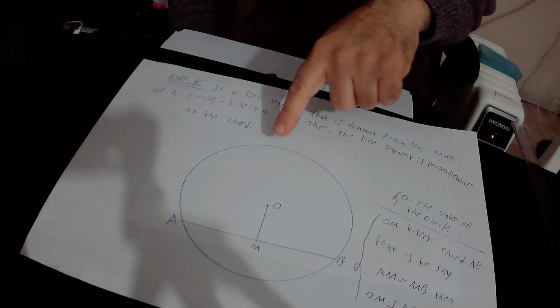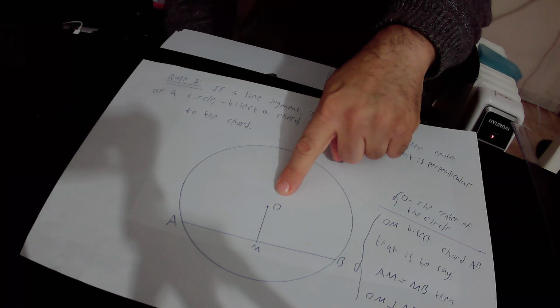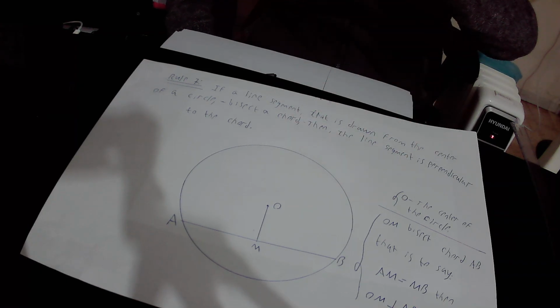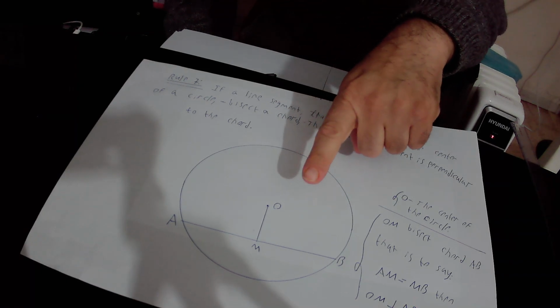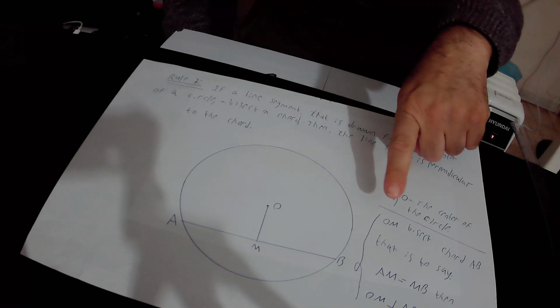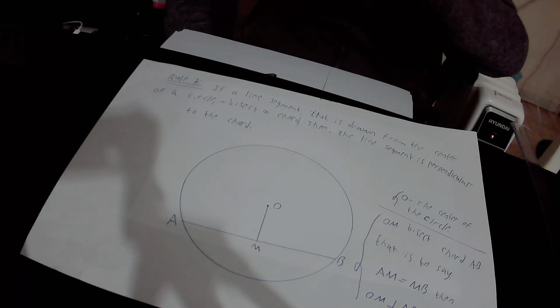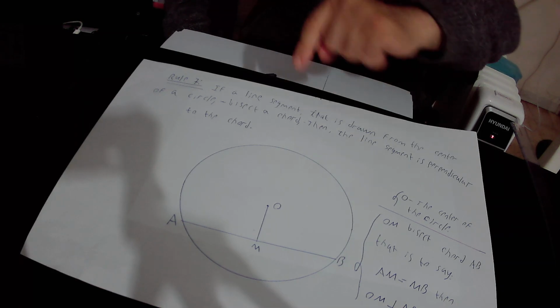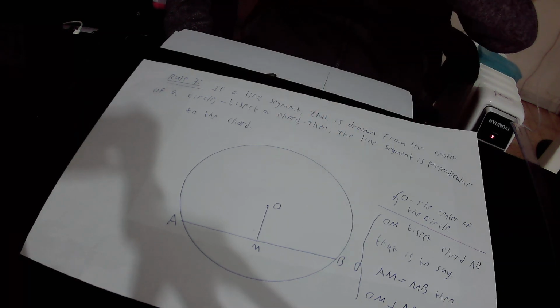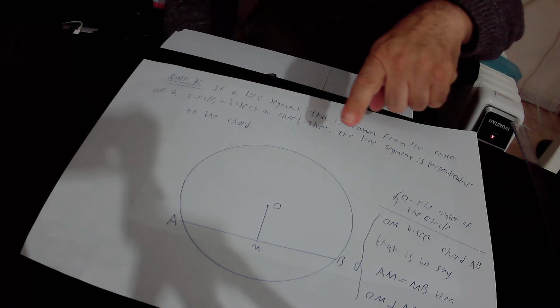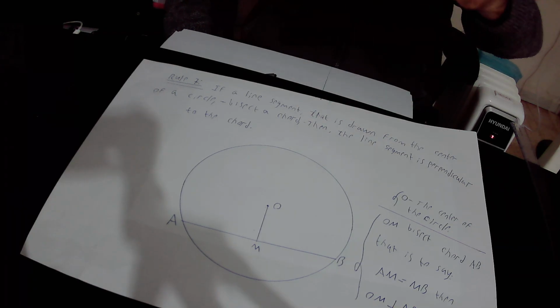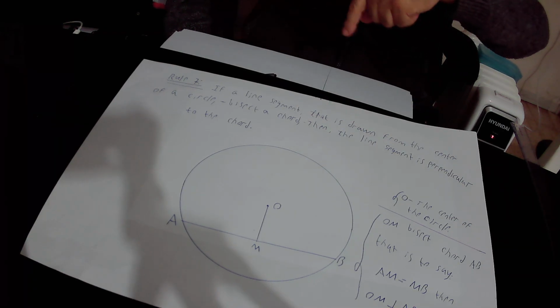The center of this circle is here at point O, and OM bisects chord AB. That is to say, AM equals MB. And whenever you have a line segment from the center of a circle that bisects a chord, then the line segment must also be perpendicular to the chord.